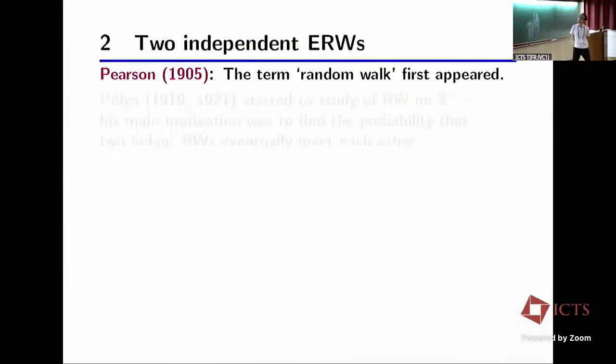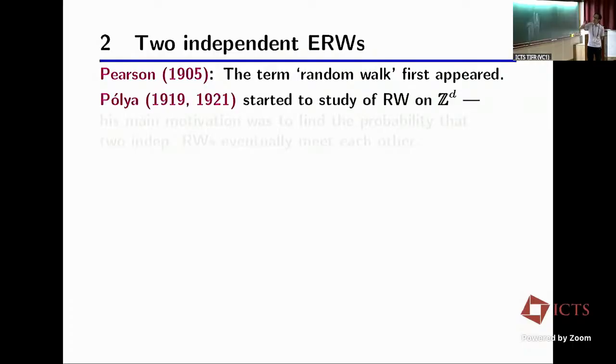And about 20 years after, Pólya started the famous study of random walk on the d-dimensional lattice, very famous work. His main motivation was to find the probability that two independent random walks eventually meet each other.